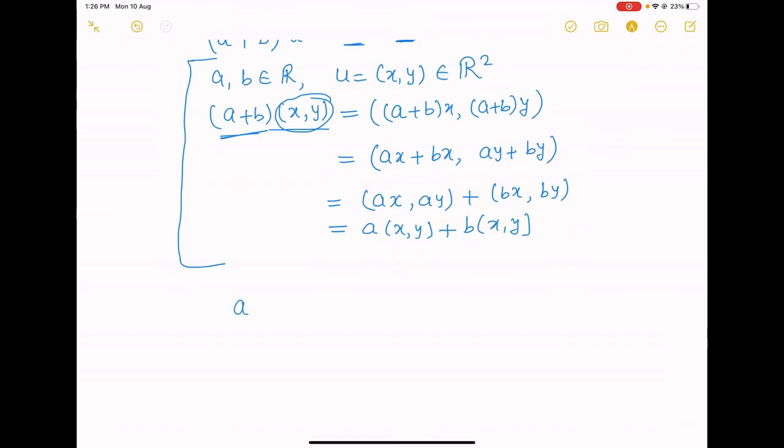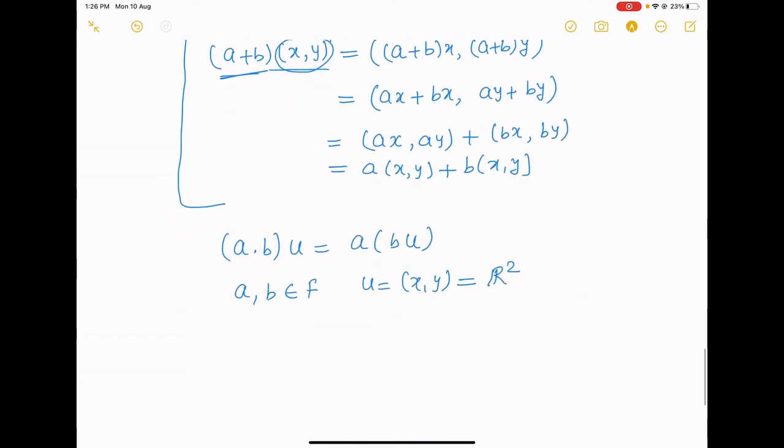The next property is (a dot b) u is the same as a operated on bu. It is not necessary to put the dot here. So again let a and b belong to F and u, as (x, y), is a member of R square.